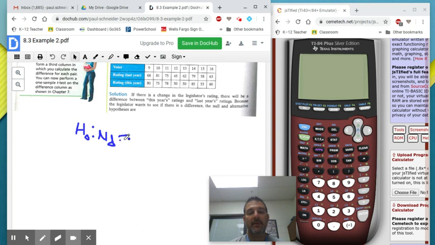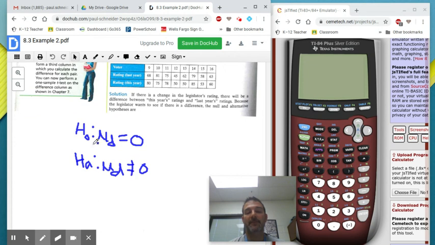It's not an n, it looks like an m, but that's a mu. The mu sub d is basically the mean of the differences, okay? You saw in Dr. Ashley's videos that the differences of these two sets is really what we're looking at here as statistically different or not. So that's mu sub d, the mean of the differences.